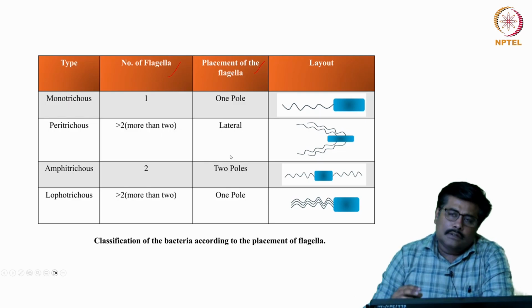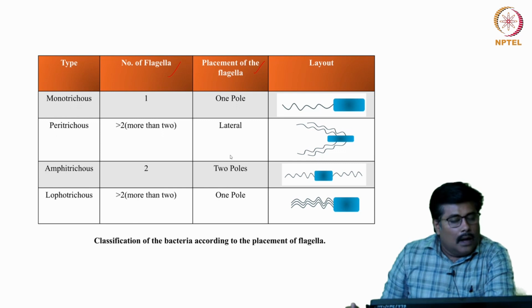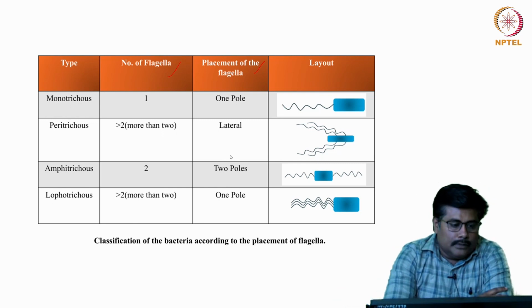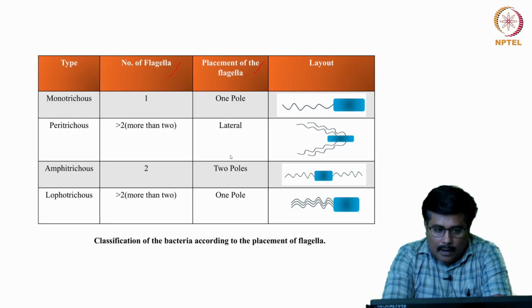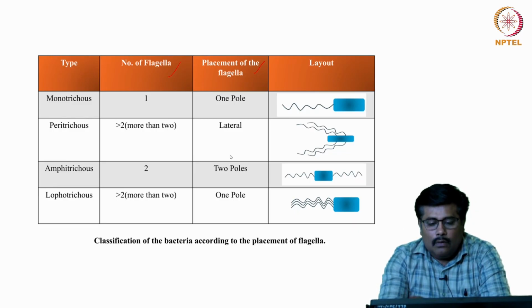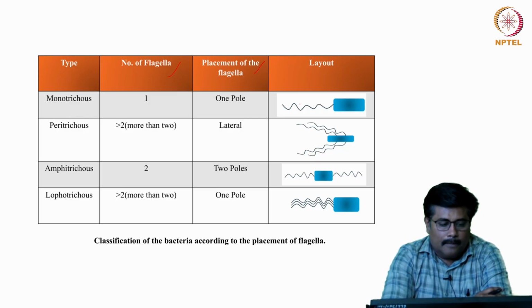Now let us discuss the different classifications of bacteria according to the placement of the flagella structure. If we closely observe, we have the monotrichous type, which has one flagellum placed at one pole, and the overall layout looks something like this, with one pole placed over here.